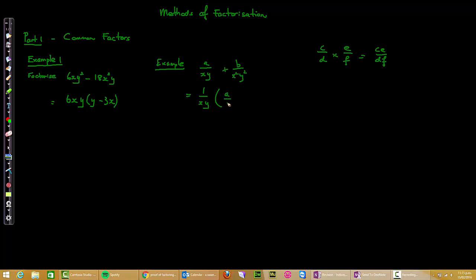A over 1, and that could just be a, plus, well, I need b on the top of this fraction to give that b back, and I need xy on the bottom, because if I multiply xy with xy, it gives me back x squared y squared. And that could also be written like this.